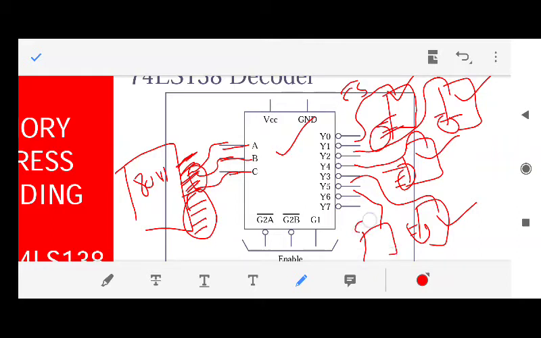Now chip select will be 0. Whenever this signal is 0, this chip will be selected. So depending upon the input, these lines will become 0, one at a time. And because of this 0, the particular chip would be selected.